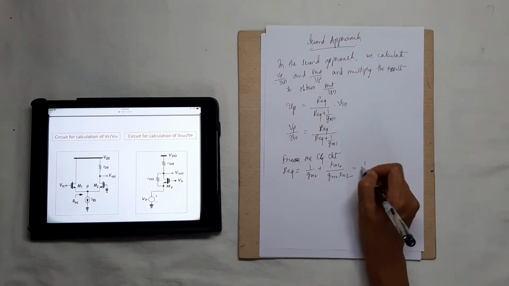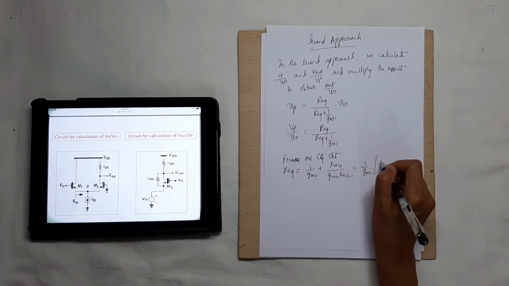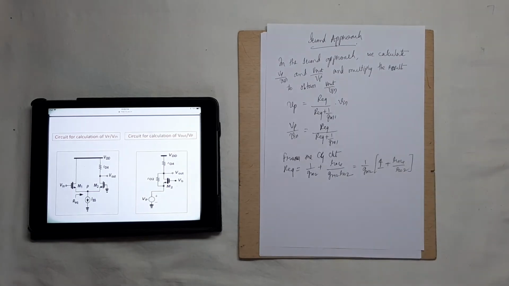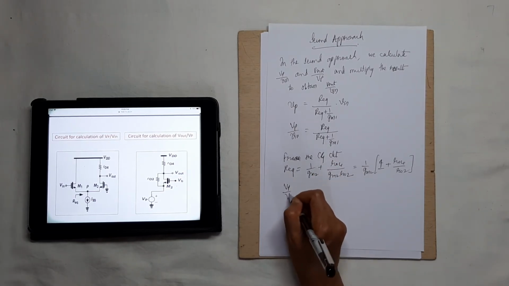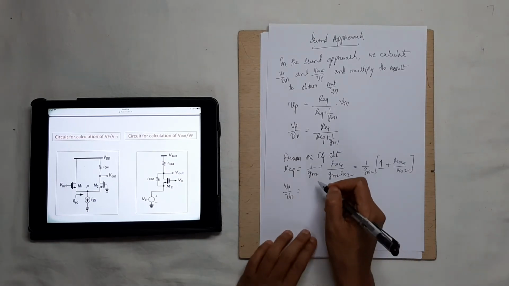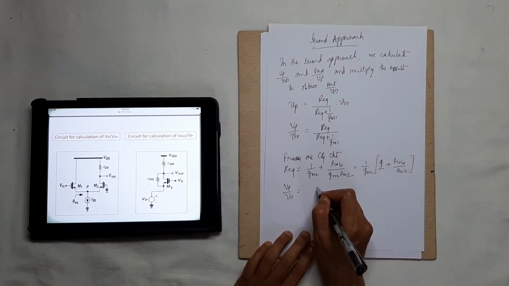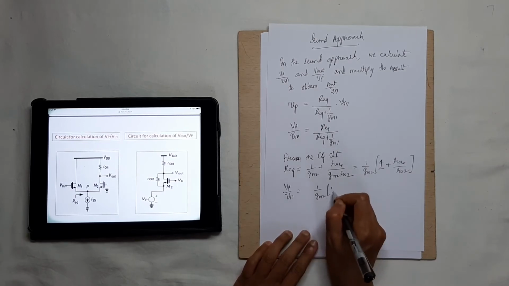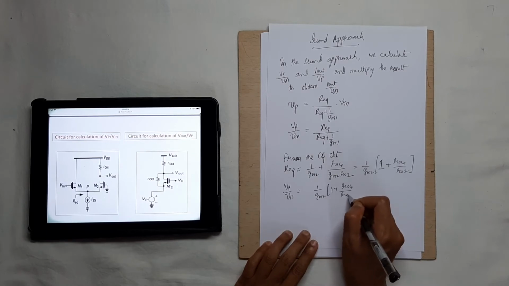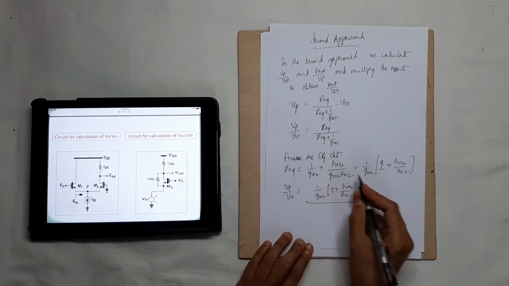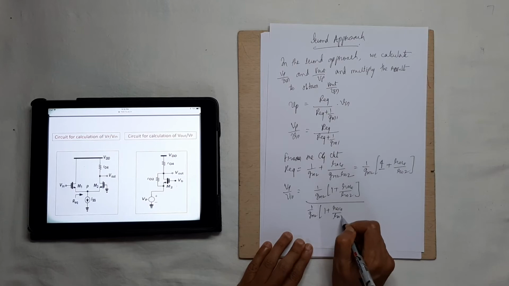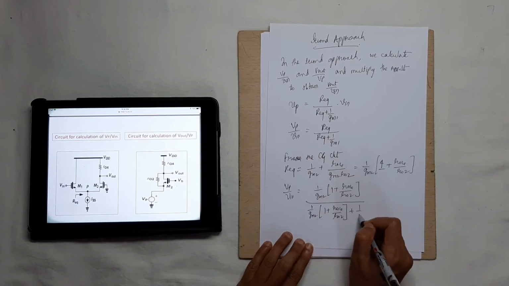This is equal to 1 upon GM2 into bracket 1 plus RO4 by RO2. Now we substitute this R equivalent in this expression. Vp by Vin is equal to 1 upon GM2 into bracket 1 plus RO4 by RO2, divided by 1 upon GM2 into bracket 1 plus RO4 by RO2, plus 1 upon GM1.